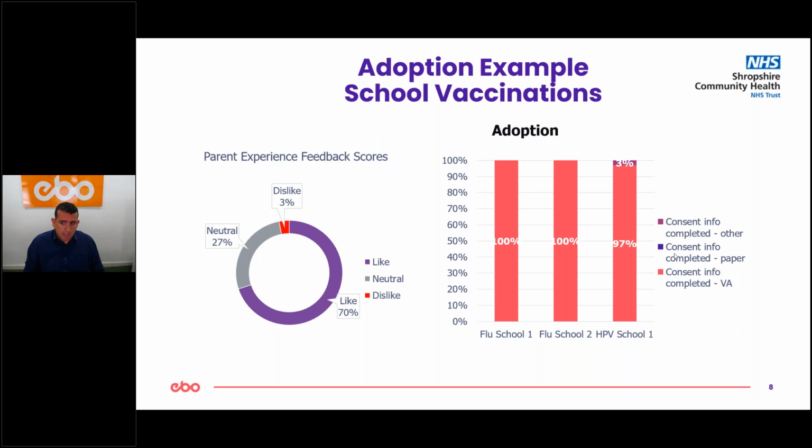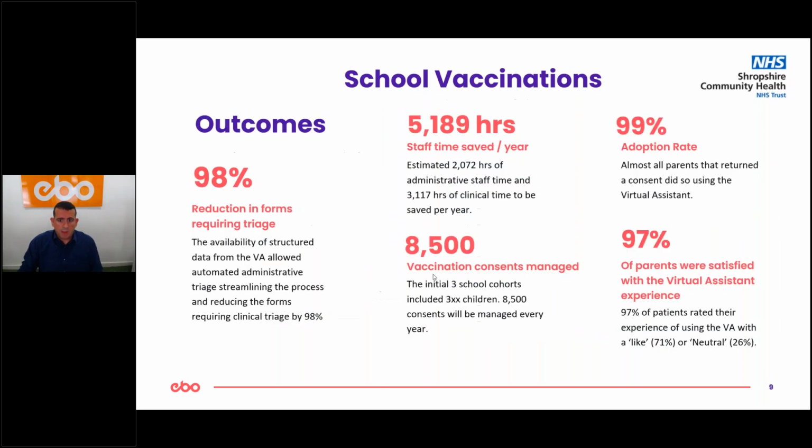Actually, we got 100% of the clients using the virtual agent rather than going back to paper. And we've got extremely strong results back from patient experience feedback scores. So 97%, only 3% disliked, and that is something that is constantly analyzed as part of the data set that we provide as well. So we've got very strong adoption when it came to vaccinations, and that obviously results in extremely good results.